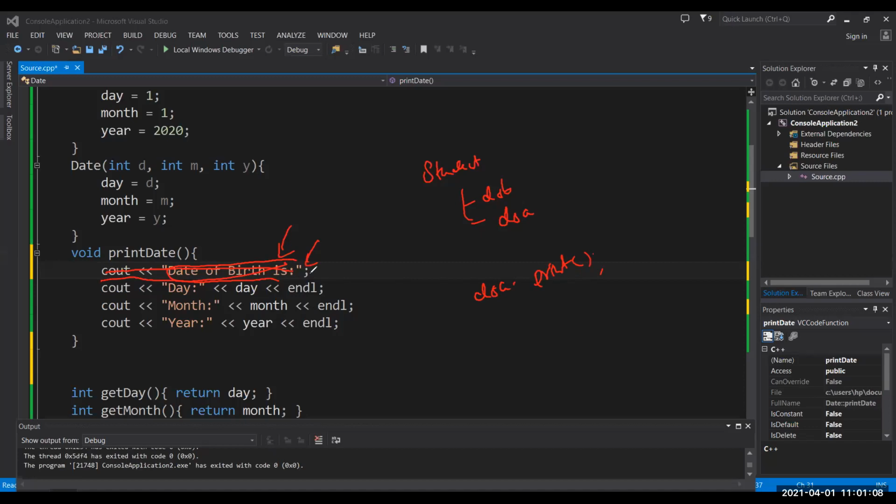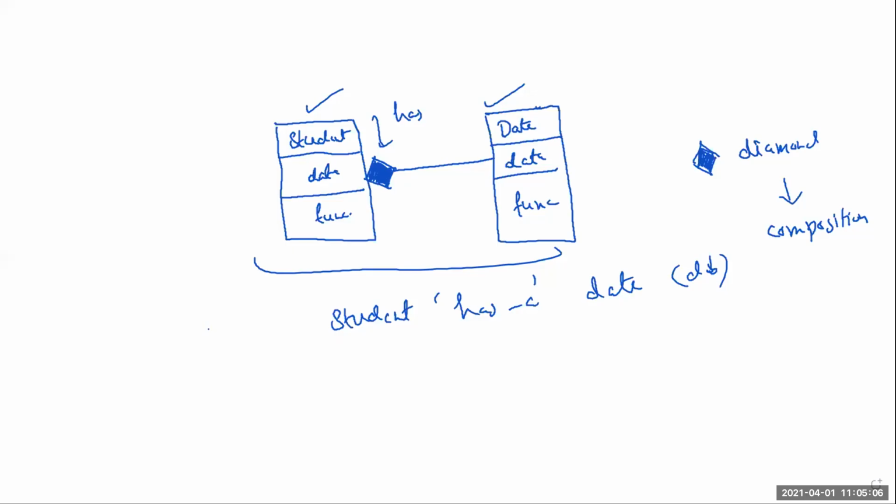Because if you do it within this function, then what if instead of date of birth, I also have a date of admission, a date of degree completion, and what if I also want to use the same date class in a flight class? If I ask you to print date of flight, the statement date of birth will be printed, which would be meaningless, right? So this is very important: whenever you make your classes, they have to be clean in the sense that they should be reusable by multiple different composite classes.